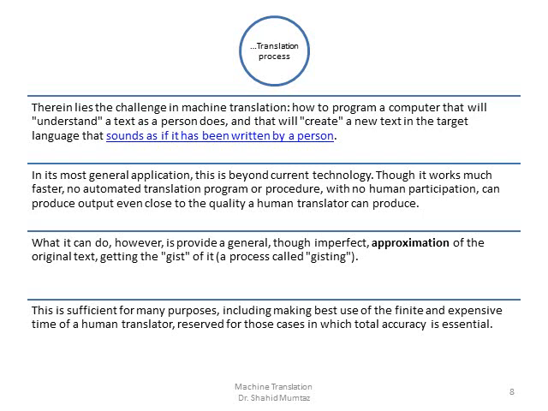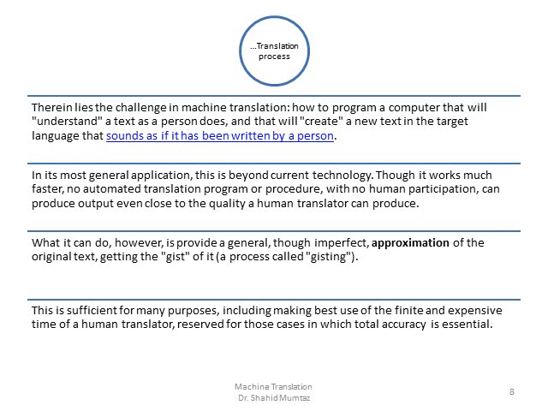So with human participation we can produce better translations to some extent and faster as well, but without human participation the output cannot be achieved even close to human translators.